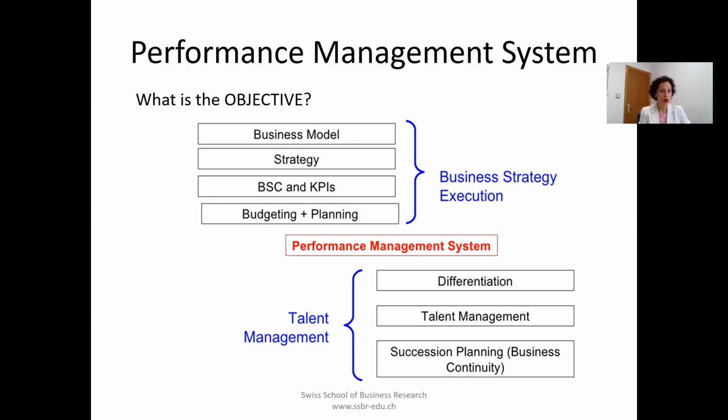With talent management or HR management, basically it aligns with the performance management system in the aspect of being able to differentiate ourselves within the organization and being able to manage our workforce in the correct way and manage the talent. What is the difference between, for example, talent management and workforce management? Well, when we think of talent management, we think more of, as we discussed last week, seeing our human resources as assets as opposed to tools.